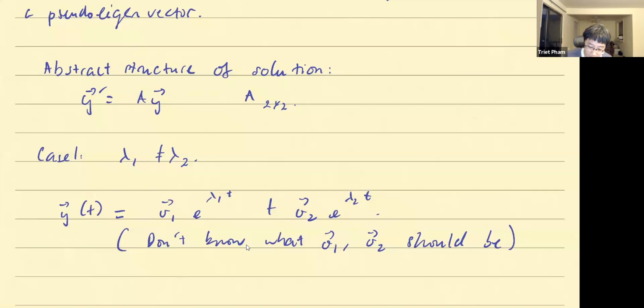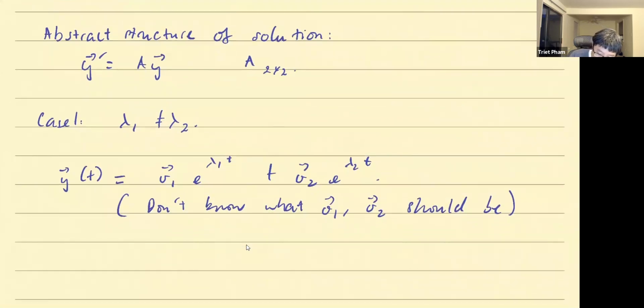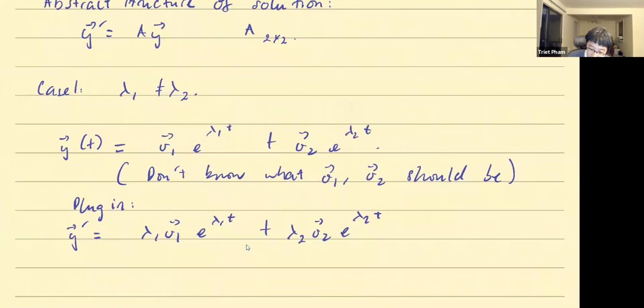And so what happens is I will plug in and discover what this is. If I plug in, then y prime will be lambda 1 v1 e to lambda 1 t plus lambda 2 v2 e to lambda 2 t.